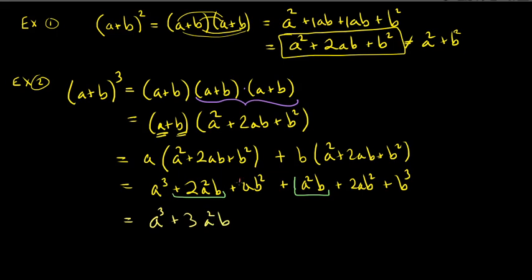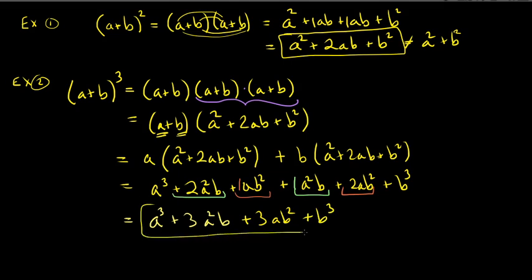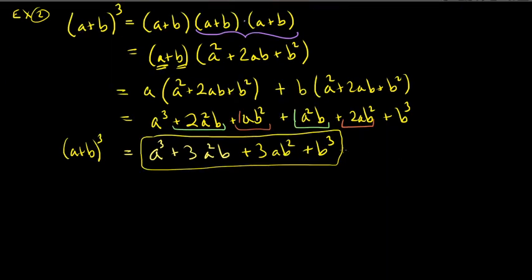And then we have 1ab squared plus 2ab squared, which is 3ab squared. And then plus b cubed. So there you go. This is (a plus b) cubed. Just expand it out.